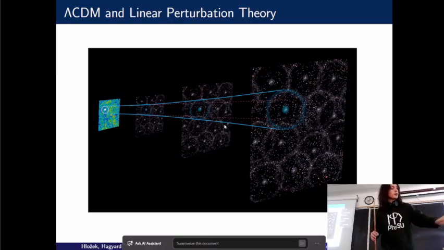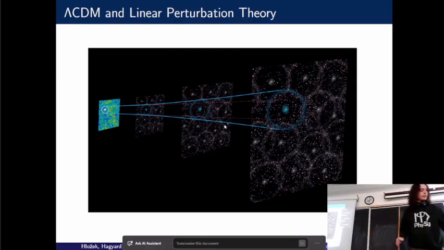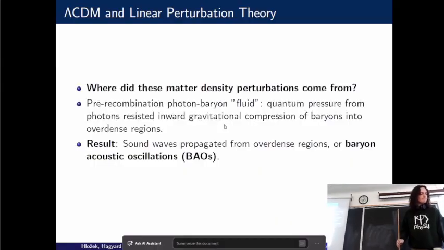What was it? Yeah, so when I say sound waves, I really just mean, well, we don't hear them in the sense that they're still propagating around in the universe where you can detect them. It's more so that if you write out what's called the Boltzmann equations, I'll get to that in a minute, you could write out a term that expresses the counterbalance between the quantum pressure term of the photons and the inward gravitational compression of the baryons.